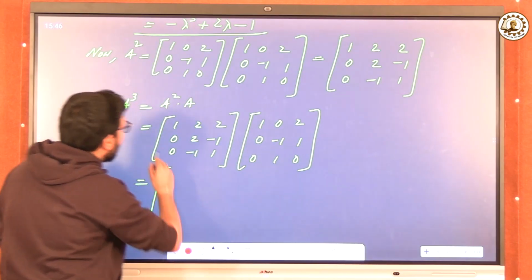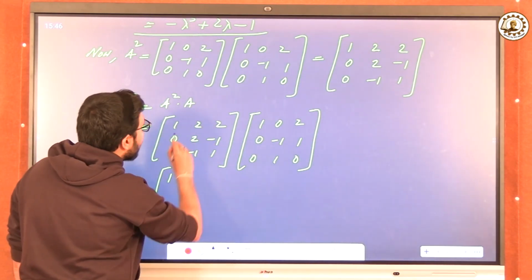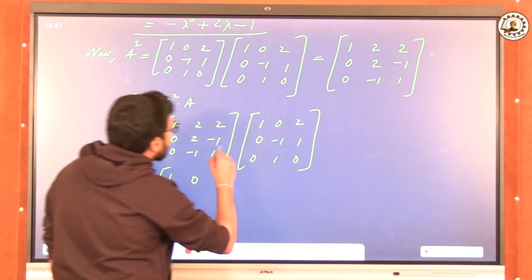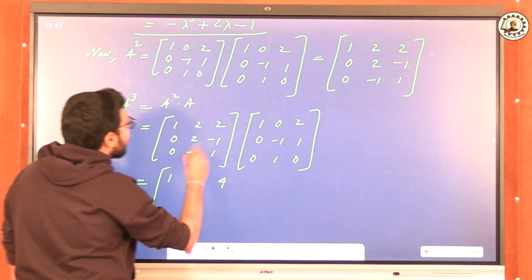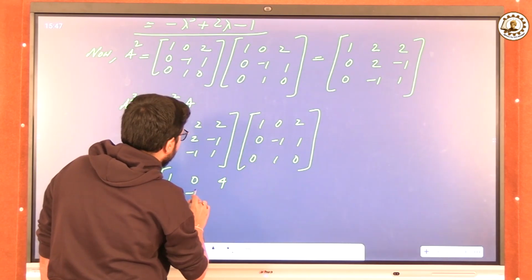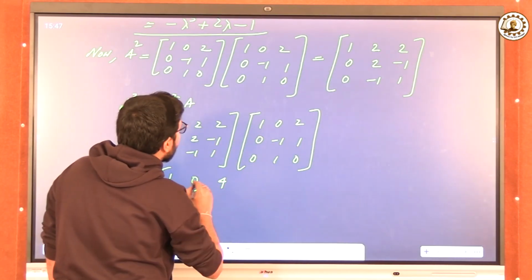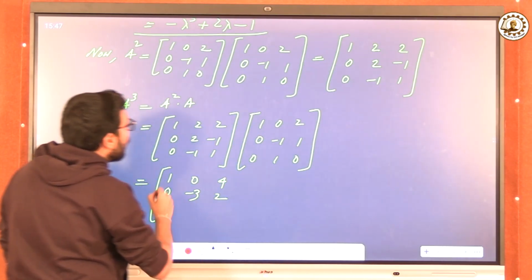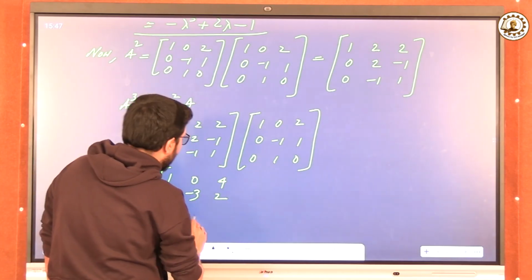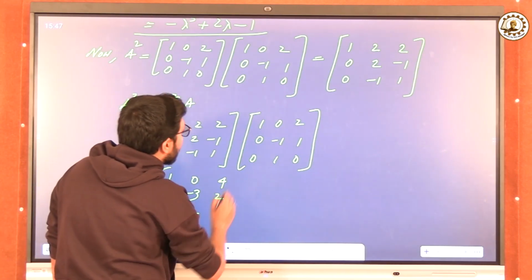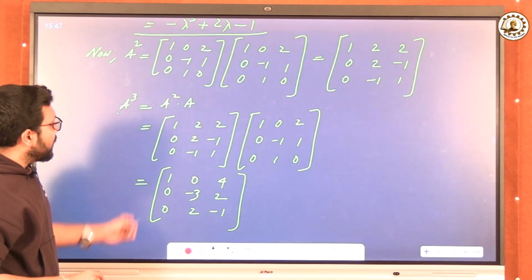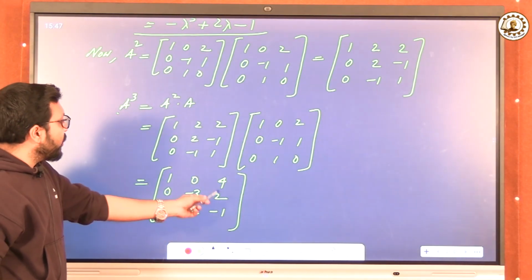So let's calculate this once again. This is 1, minus 2 plus 2, you will get 0 here. 4, again 0, minus 3, 2, 0, 2, minus 1. So here we go, the value of A cube is becoming 1, 0, 4, 0, minus 3, 2 and 0, 2, minus 1.